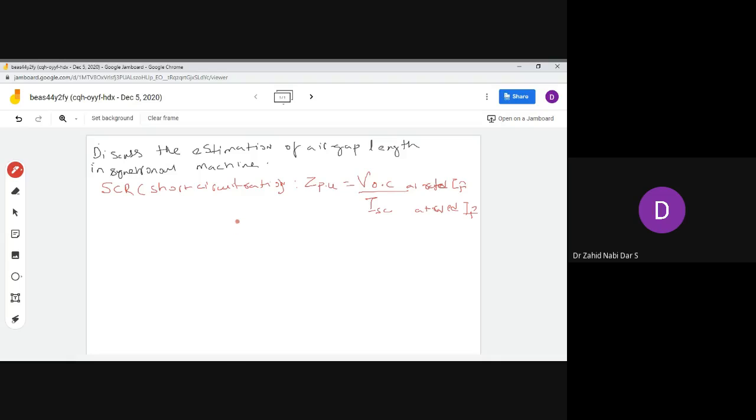Now, no load MMF per pole is equal to what? See this MMF. In the case of the air gap, how do you discuss the air gap? Here I will write down: my no load MMF, that is my magnetizing MMF, is this quantity. So my no load MMF per pole is equal to what?